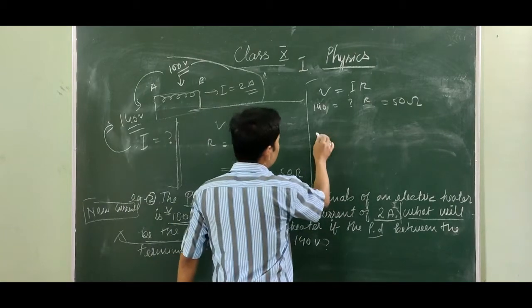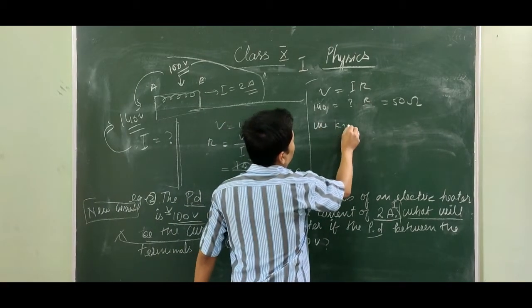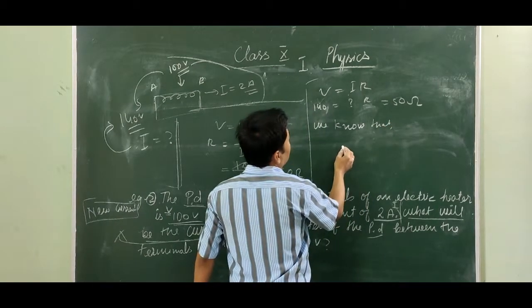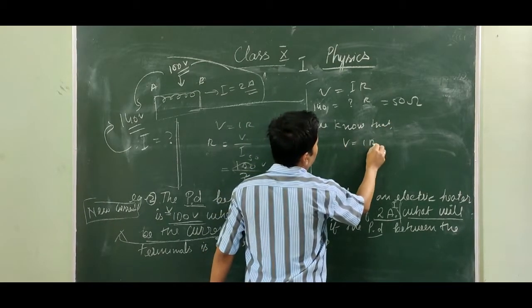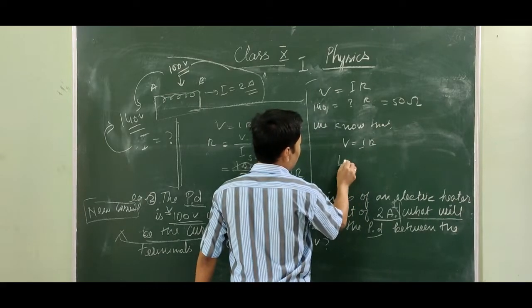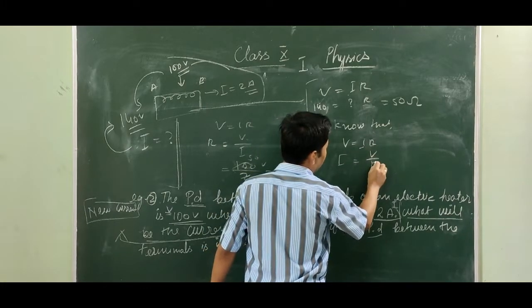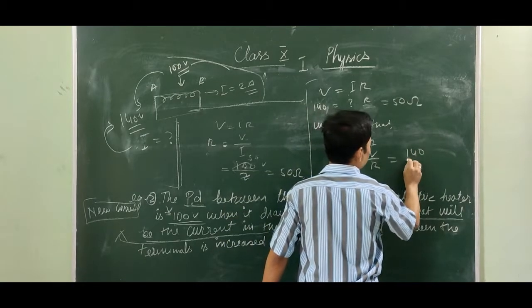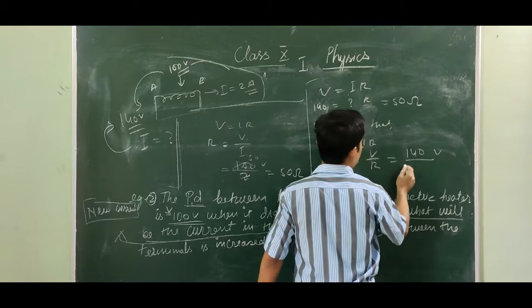Again, we know that V equal to IR. I have to find the new current, so I equal to V by R. V is how much here? It increased to 140 volt. R is how much? 50.